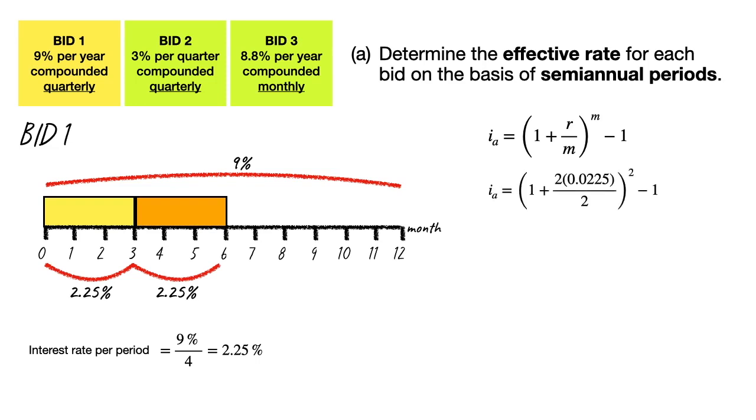So we just substitute the values in our equation and we will get the effective interest rate of 0.0455, or if we convert it into percentage, 4.55%. For how long? This 4.55% is the effective interest rate for 6 months.